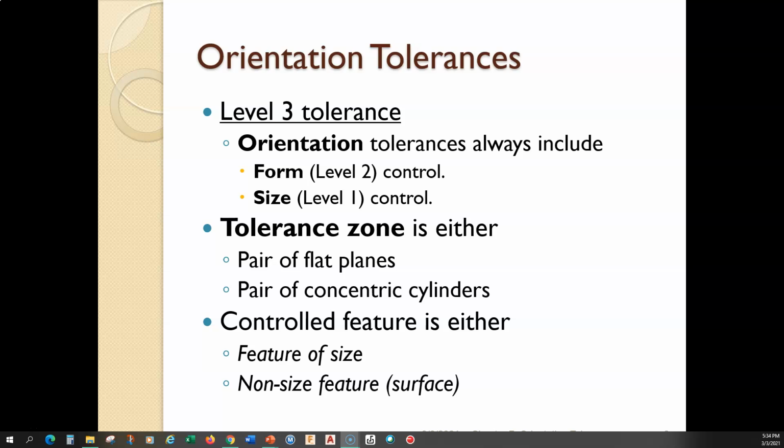Tolerance zones for orientation tolerances can be either a pair of flat planes or a pair of concentric cylinders. All right? And as I said, we can control either features of size or non-size features.